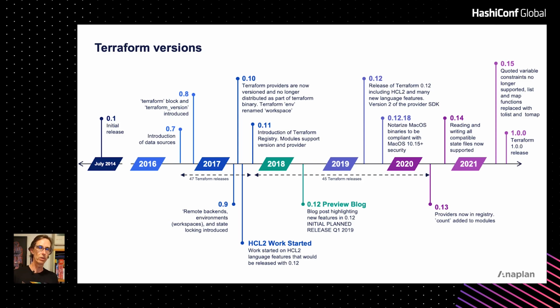And by the time we actually released it, which was around summer 2019, there'd been about a 2-year period of working on HCL2, the new interpolation features, the new language features, and some of the dynamic blocks that the community had been asking for. It was a huge undertaking by the Terraform team, and it was a huge undertaking by the community as well, because there was an introduction of changes which meant you had to change your configuration.